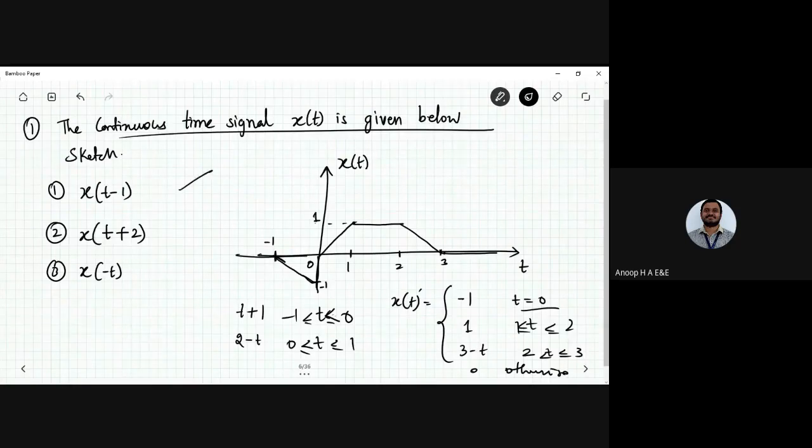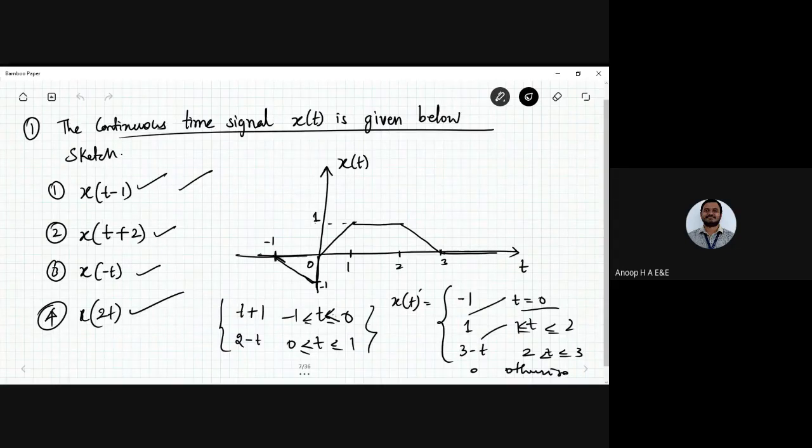Coming to the next hour class, let me know how you can represent x of t minus 1, x of t plus 2, and x of minus t, or you can take this one where you have x of 2t also. This is the mathematical way of representing the given signal.